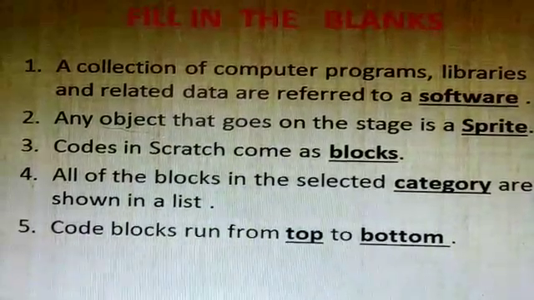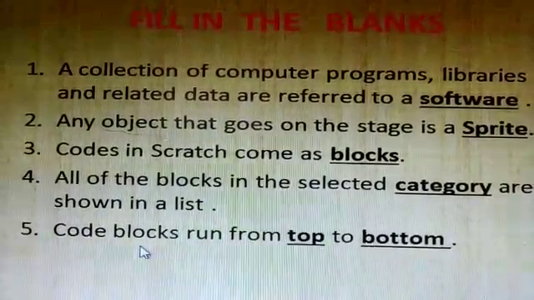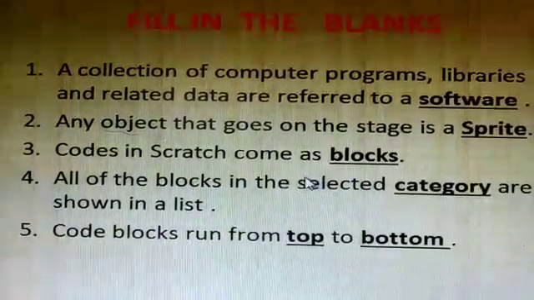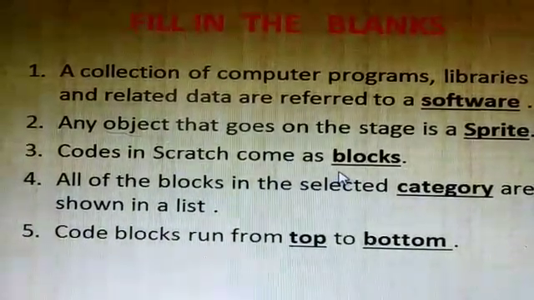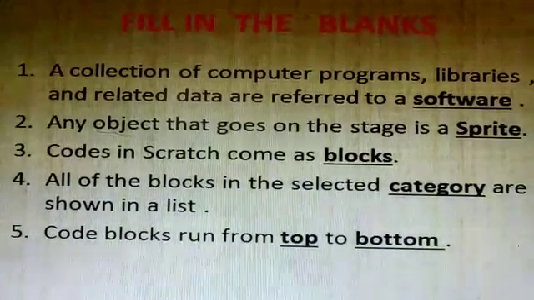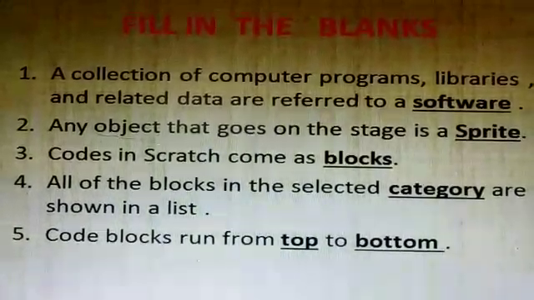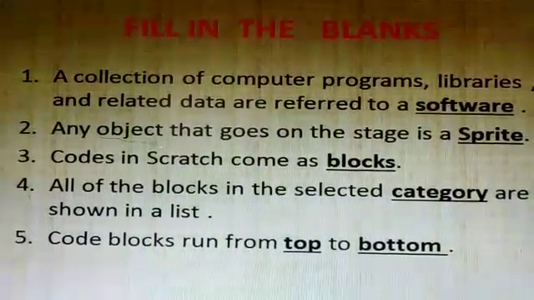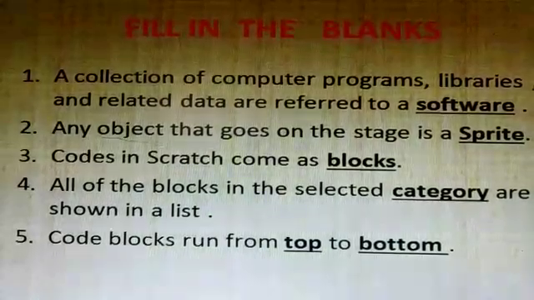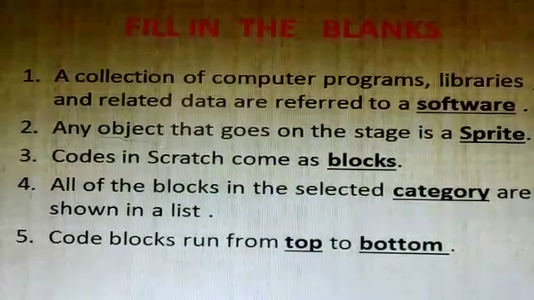Third, code in Scratch comes as dash. Code in Scratch comes as blocks, and you know all the blocks like motion, pen, stamp, control, these all are our blocks. Fourth, all of the blocks in the selected dash are shown in a list.